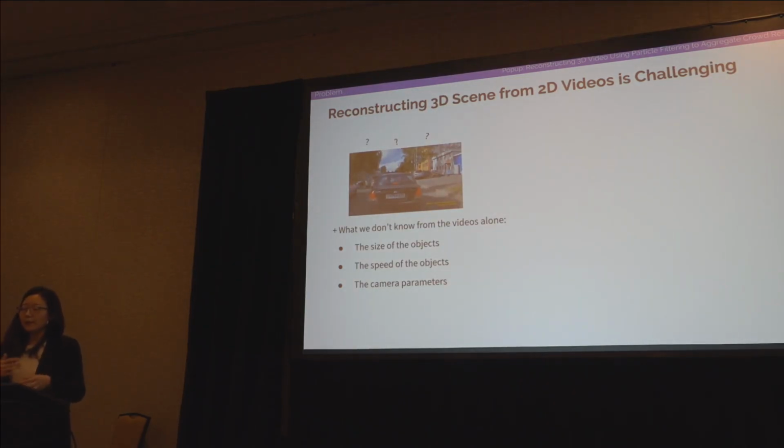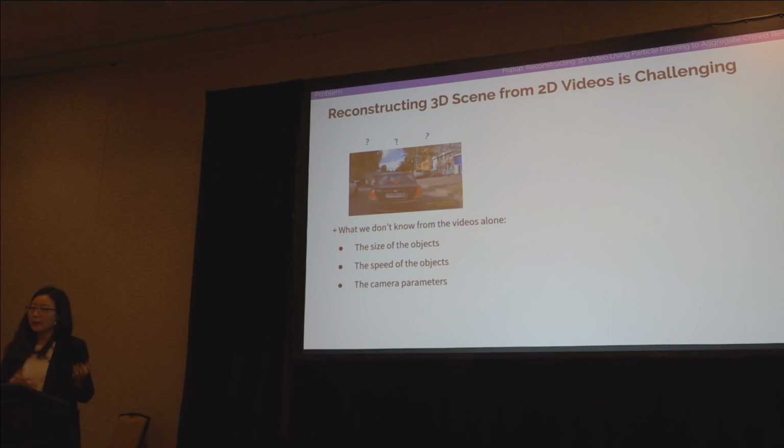However, the task of reconstructing 3D scenes from 2D video is not a trivial task, and it's actually a strong challenge. And here's why. First, there is information that cannot be found within the pixels of the videos alone.